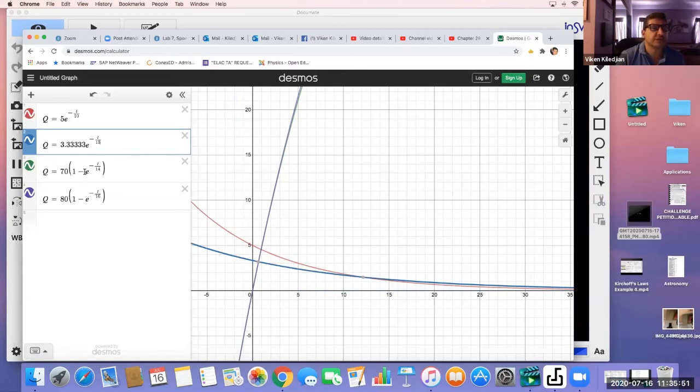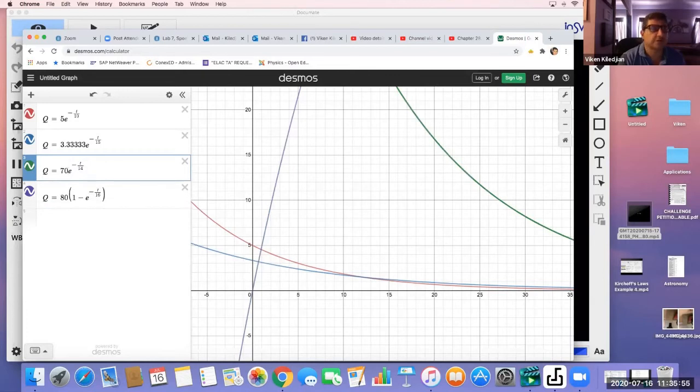Then 4: 10 over 4 is 2.5, and four times 5 is going to be 20.